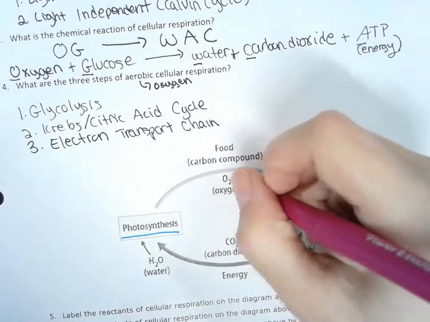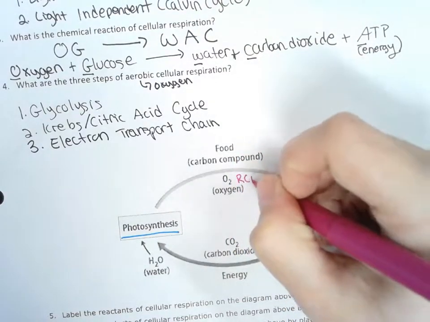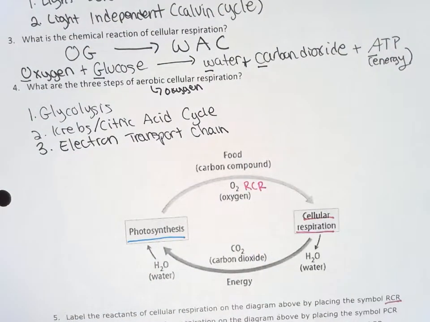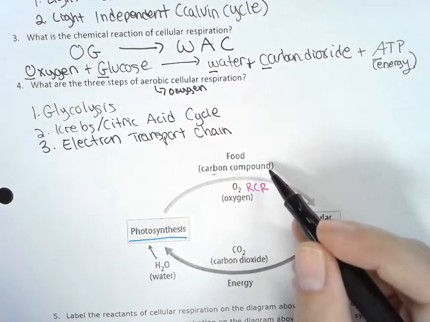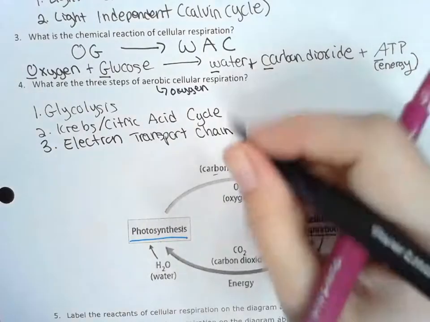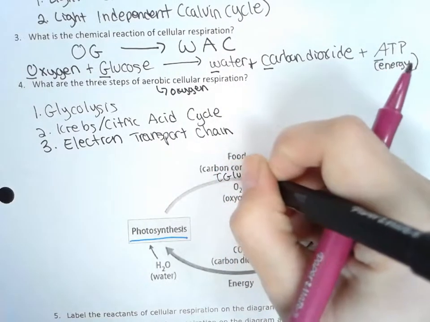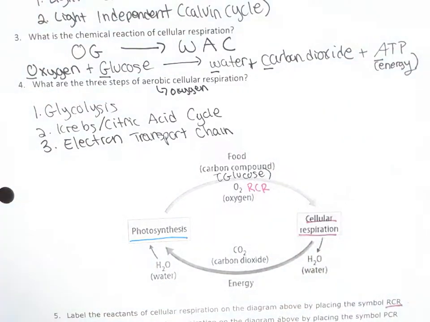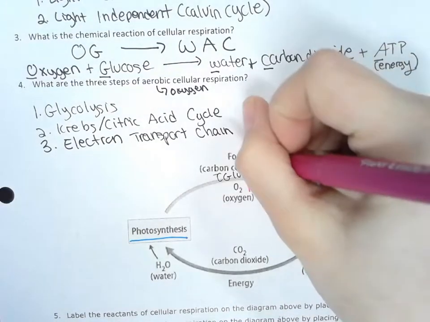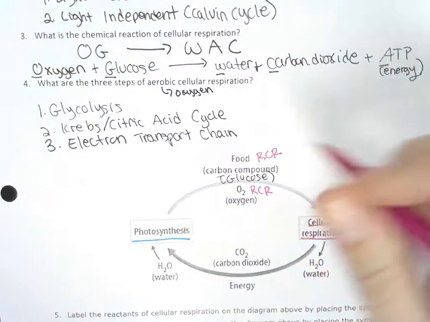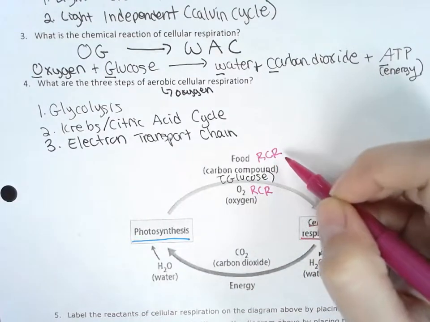So where I see oxygen, I'm going to put RCR. And for where I see glucose, I'll put RCR as well. Now, I don't formally see glucose, but I know glucose is a carbon compound and it's often found in food. It is a food. So I'm just going to write glucose in parentheses so that we know. And this is also a reactant of cellular respiration.